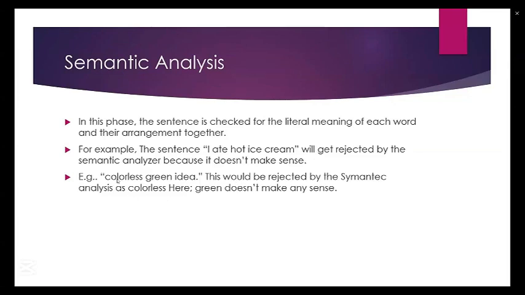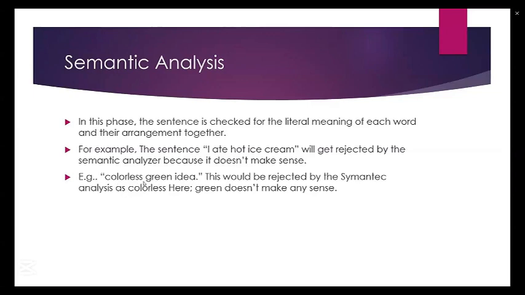And I have put another example, like you can see, colorless green idea. The colorless green idea also doesn't make sense, right? Because a green idea is always green, and colorless means no color.